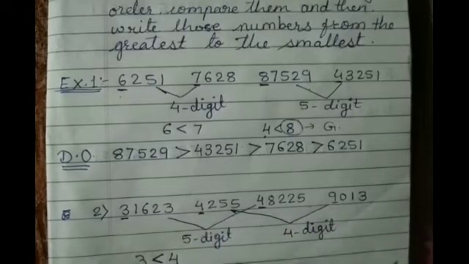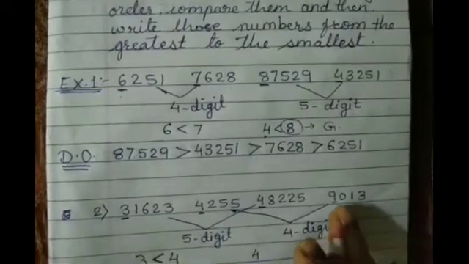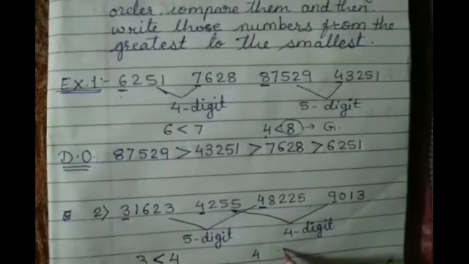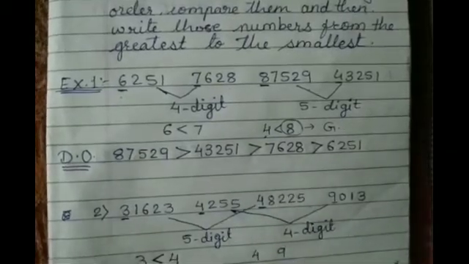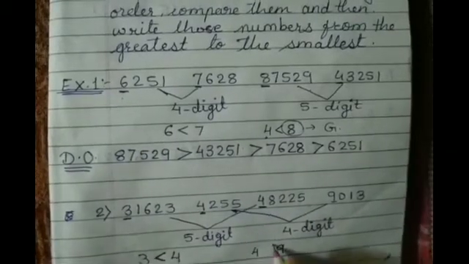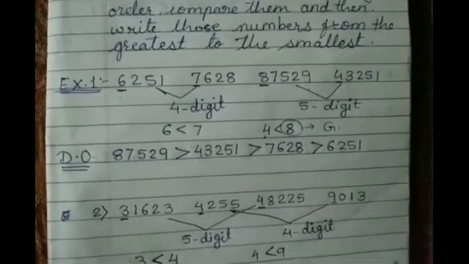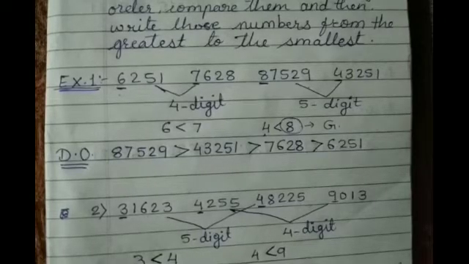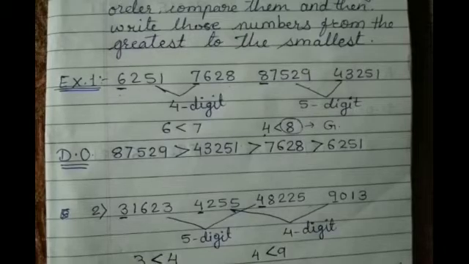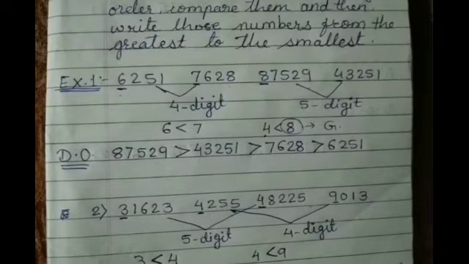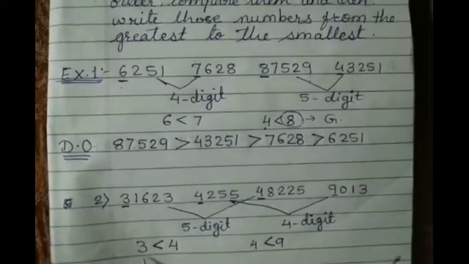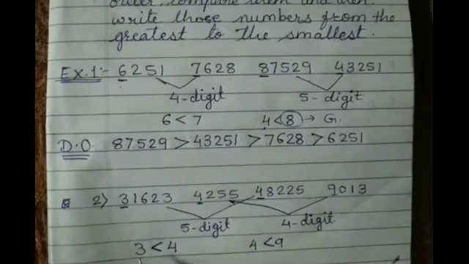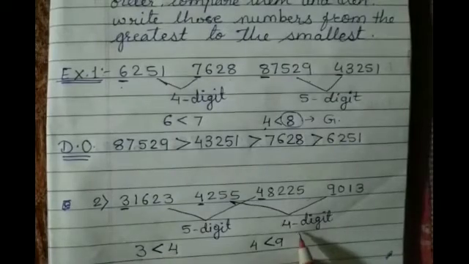Here it is 4 and here it is 9. So who is the greatest among them? 9 is greatest. So while writing descending order, we will write down first the greatest number from the 5-digit numbers, then the smaller 5-digit number, then we will move further to the 4-digit numbers.